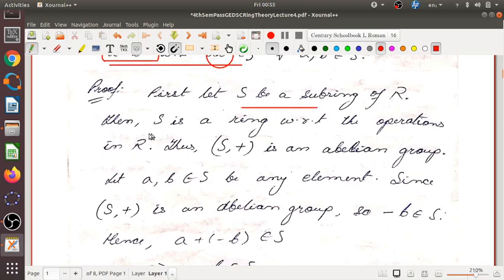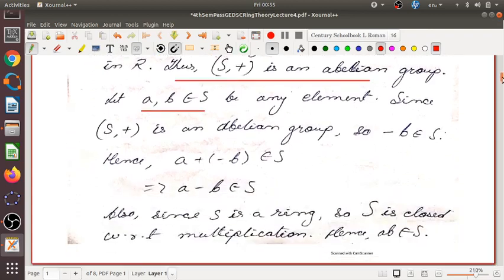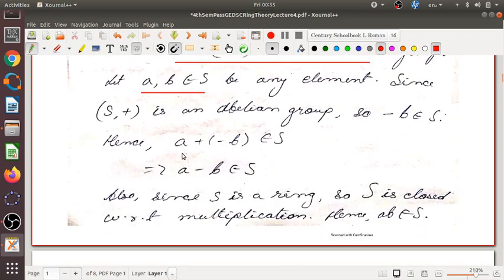That's quite simple. Then S is a ring with respect to the operations in R, by definition. So if S is a ring, then (S, +) is an abelian group. If we take any two elements A and B in S, then since (S, +) is an abelian group, minus B also belongs to S, right? So A plus minus B will be an element in S because S is closed with respect to addition.